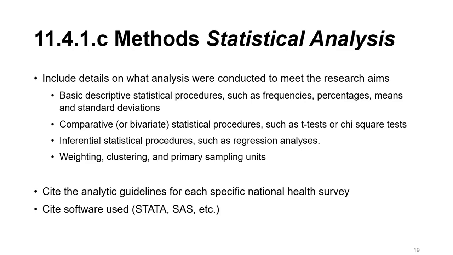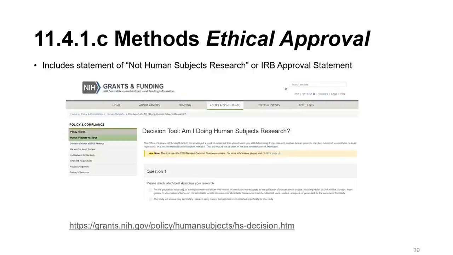This could also include the inferential statistics such as regression analyses, and the weighting, clustering, and primary sampling units. You want to include that you've done this, otherwise someone may come back and ask you if you used the appropriate procedures. It's good to cite the analytic guidelines for each specific national health survey within these sections and cite the software that were used.